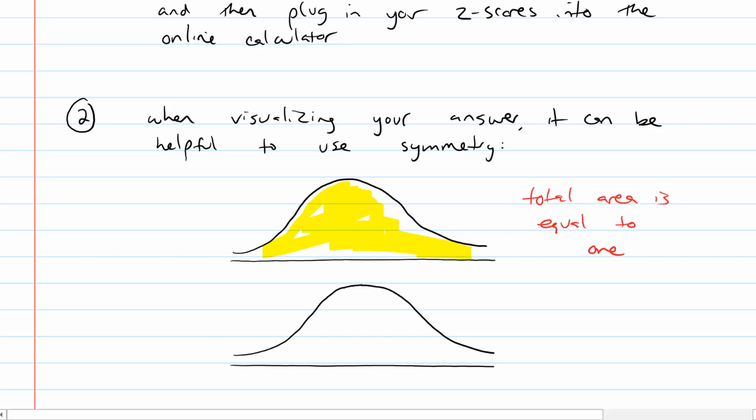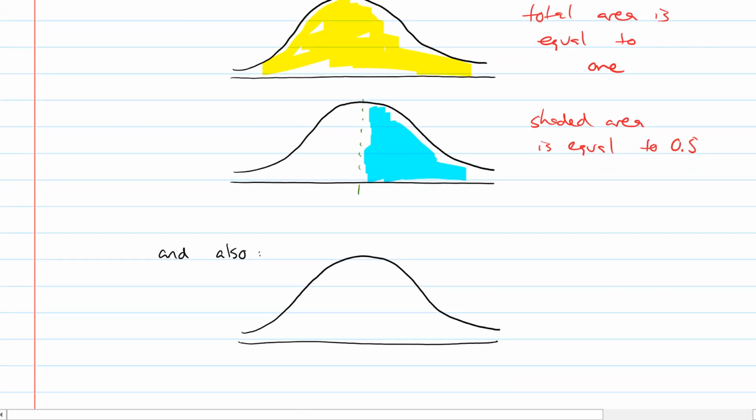And that means if you're going from the mean and you're only looking at the area of the top half, then the shaded area is equal to 0.5 or 1/2.